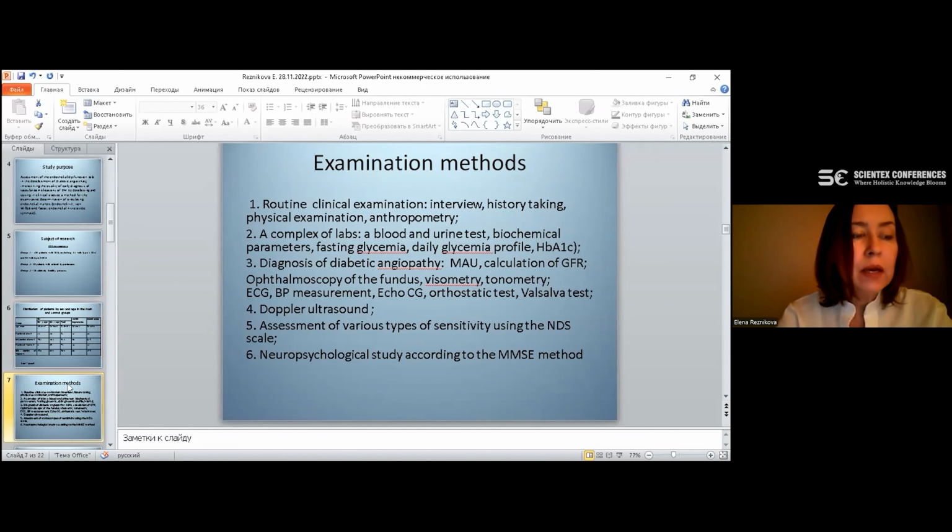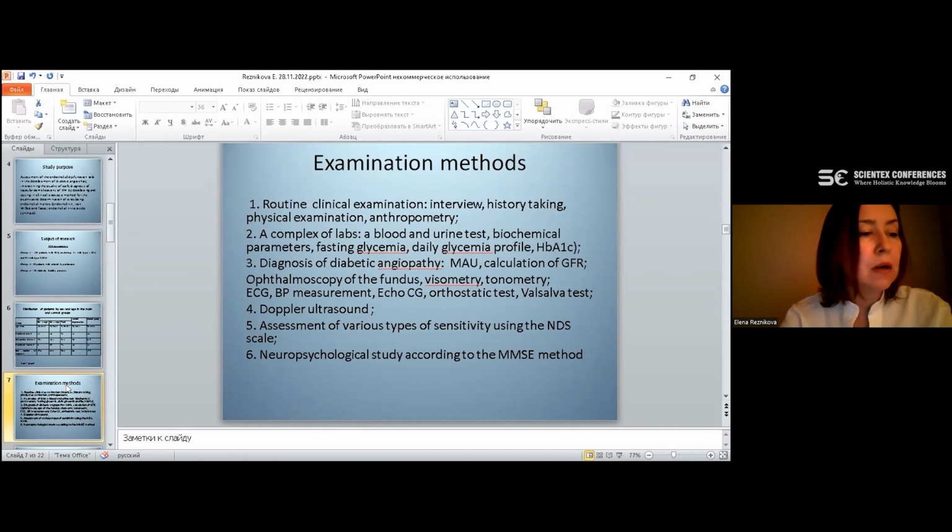Routine clinical examination included interview, history taking, physical examination, and anthropometry. A complex of lab tests: blood and urine tests, biochemical parameters, fasting glycemia, daily glycemia profile, and glycated hemoglobin.